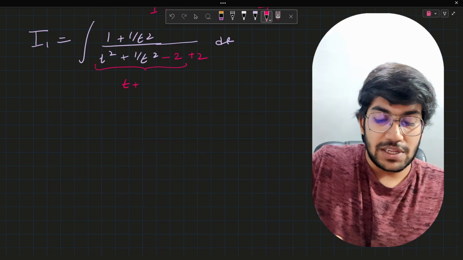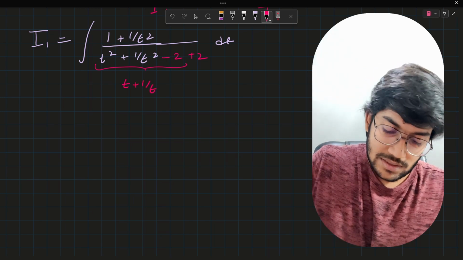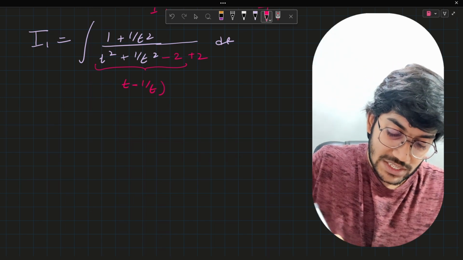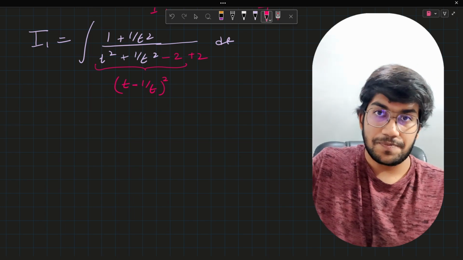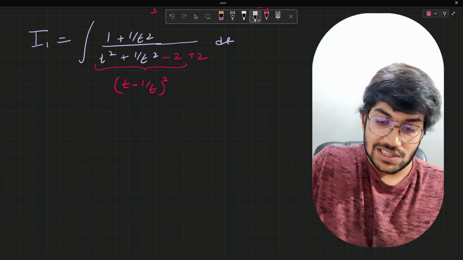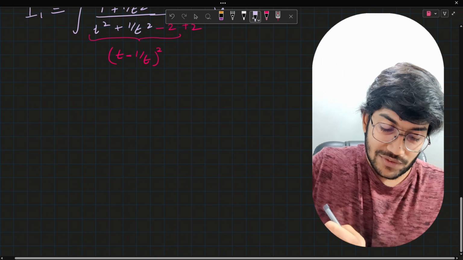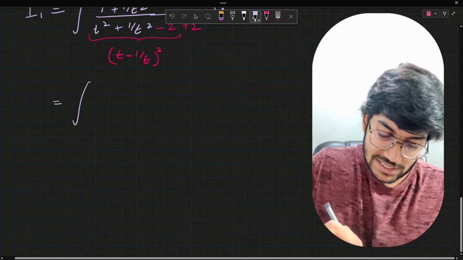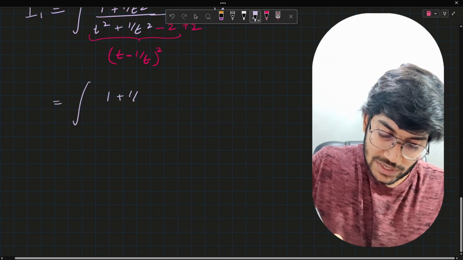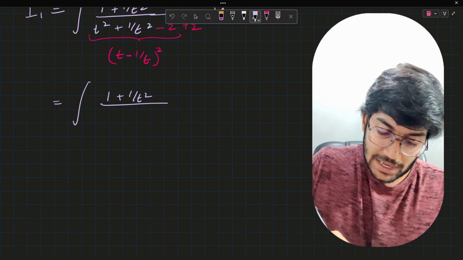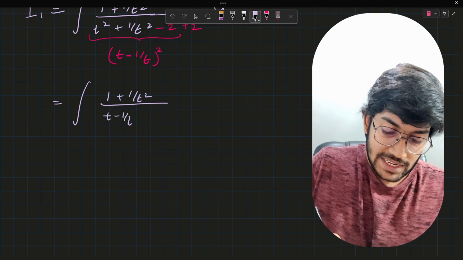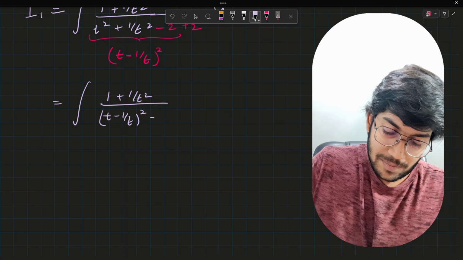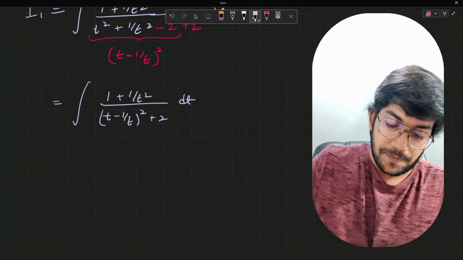This is t minus 1 over t, whole squared. This is beautiful, if you see it for the very first time, it's really nice. So we have 1 plus 1 over t square over t minus 1 by t whole square plus 2 dt.